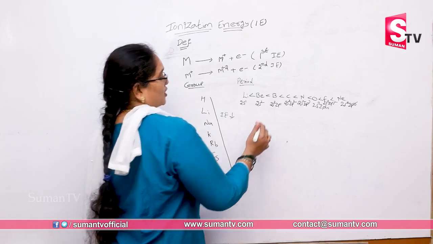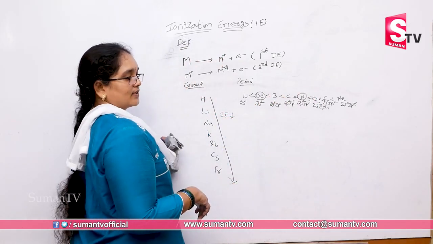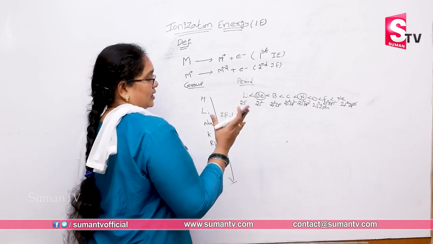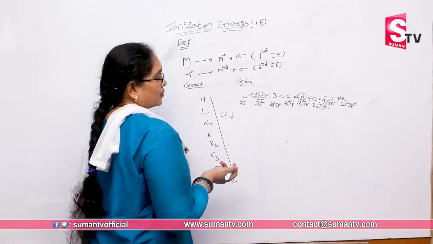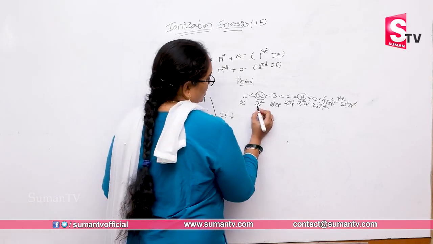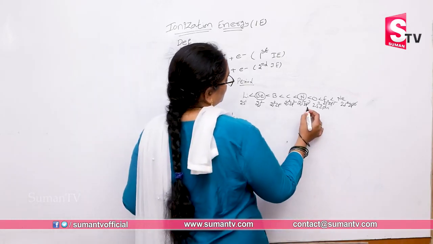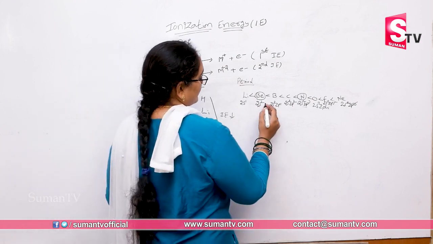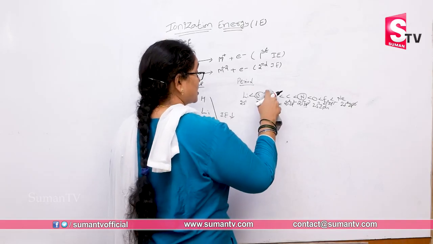Here, beryllium and nitrogen: as we learned in structure of atom, atoms with either half-filled or completely filled electronic configuration are more stable. Beryllium has a completely filled s orbital and nitrogen has half-filled p orbitals. Due to that, they have exceptional ionization energies.